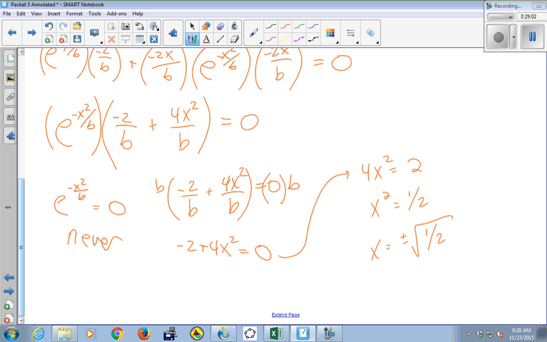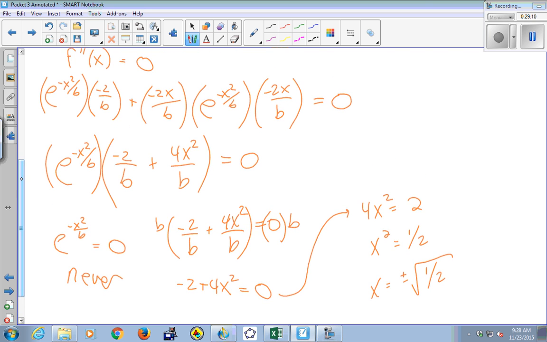I totally lost Jeff. When I fixed it. Well, no, I was just trying to catch up and then you went back. I got the double prime equals 0. Yeah. Right, okay. So then I pulled out the e to the negative x squared. I said there's one of those in both terms. So I just factored it out, like reverse distributing.